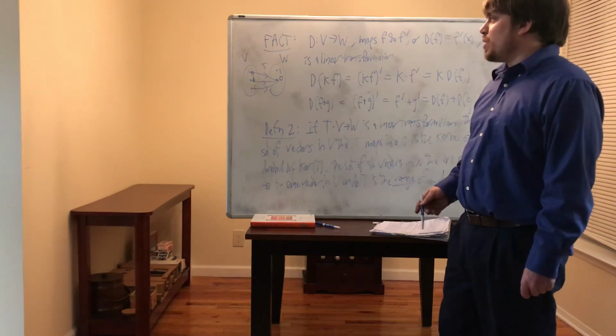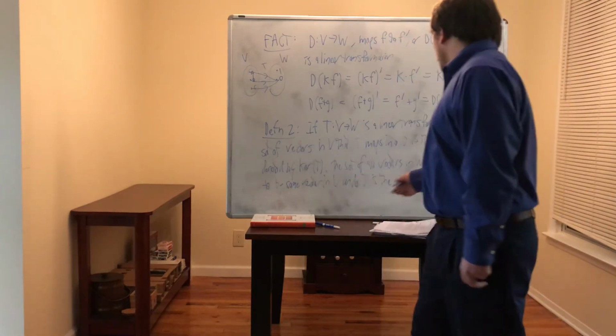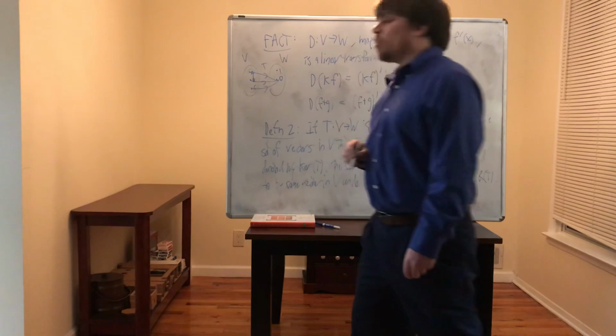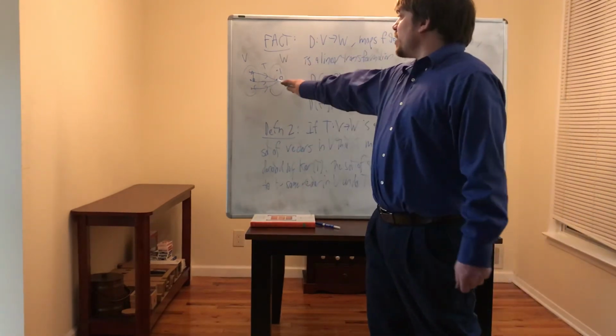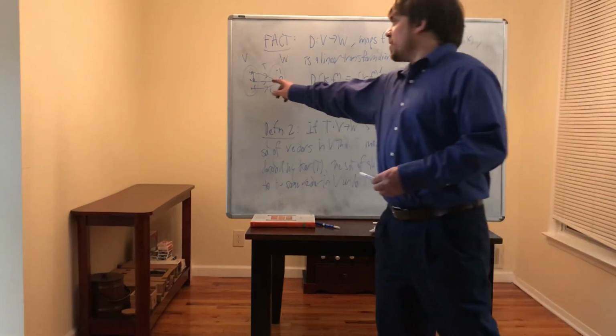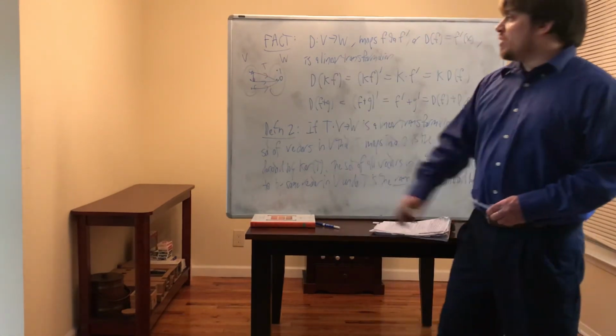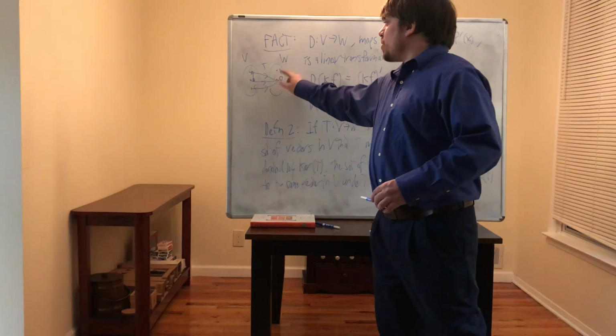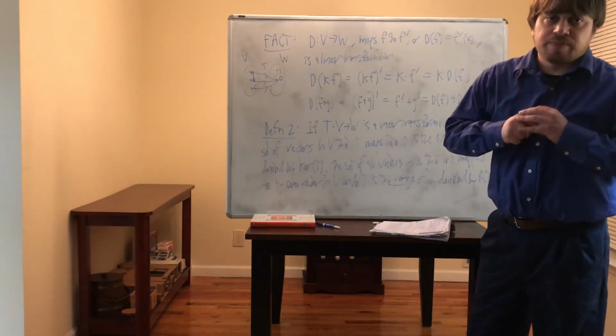And if I talk about the image of T, the range of T, I would say the set containing only 0, because 0 is the only thing in W that is mapped to by something in V under T. Nothing maps to 1, and so the range of T would only be 0.